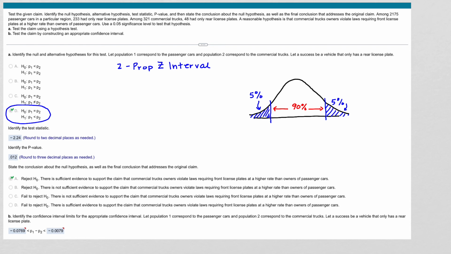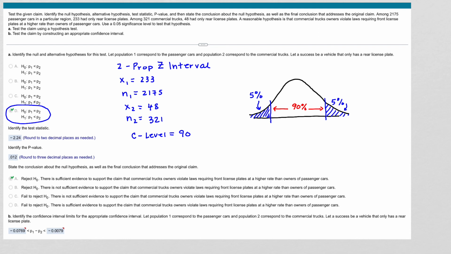When I do my 2-prop Z interval, I put in x1, n1, x2, n2, just as we did before. As I said, you don't have to retype this because it's already in your calculator. Then you give your confidence level, and that is the 90%.